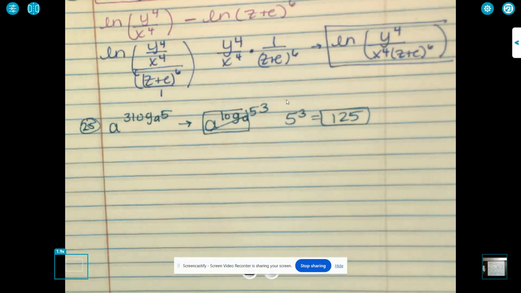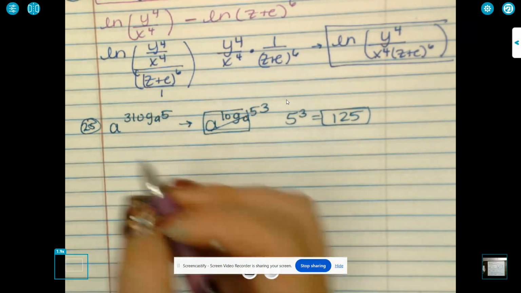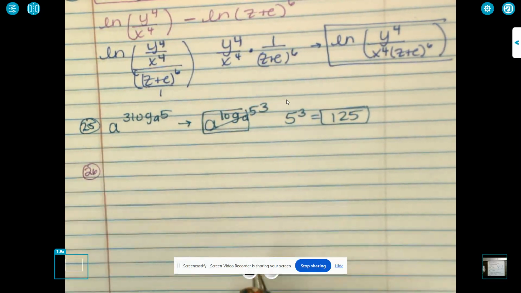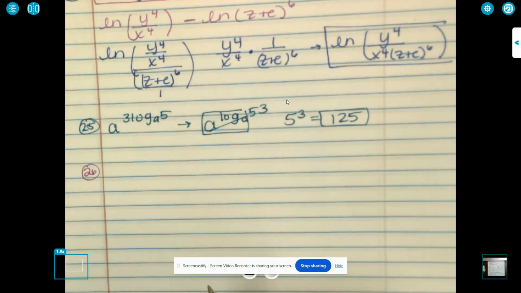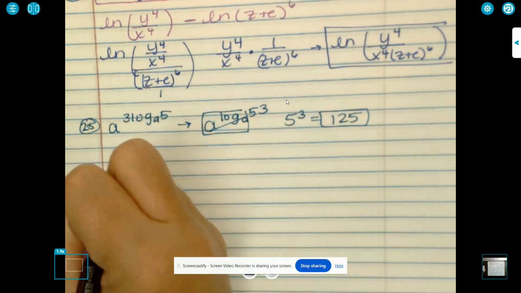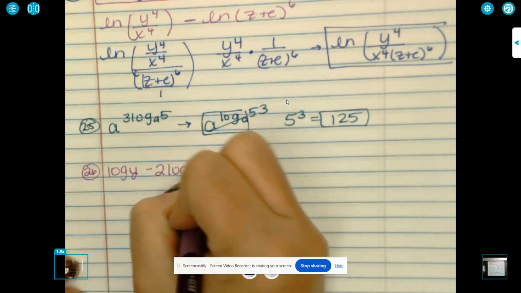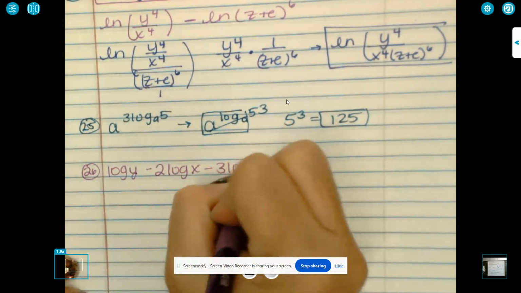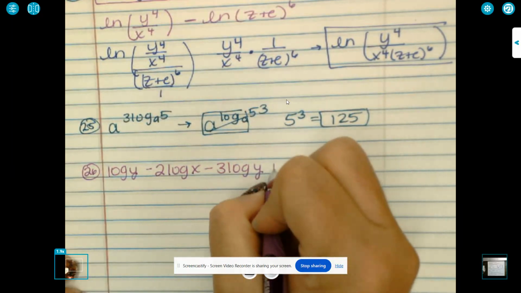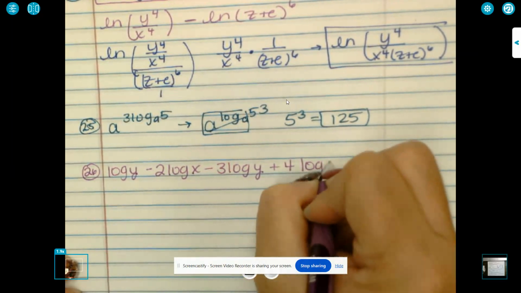Okay, 26. So we've got log y minus 2 log x minus 3 log y plus 4 log z.